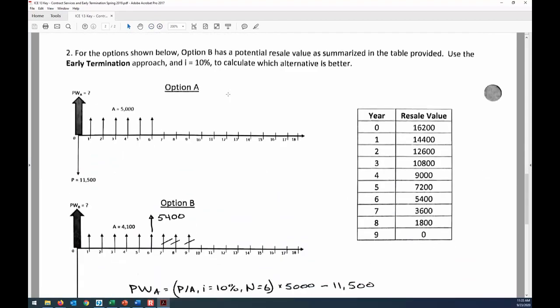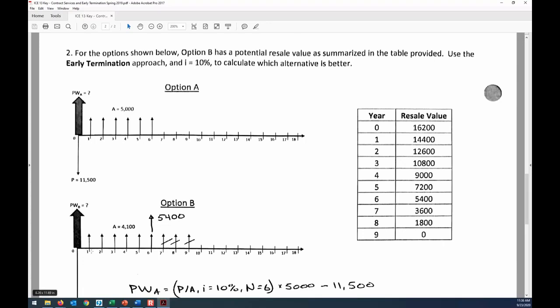All right, so we've got option A, which is too short, and option B, which is too long. And for early termination, we're going to make it so that option B terminates after 6 years. And so we're going to sell the item at the end of the 6th year.